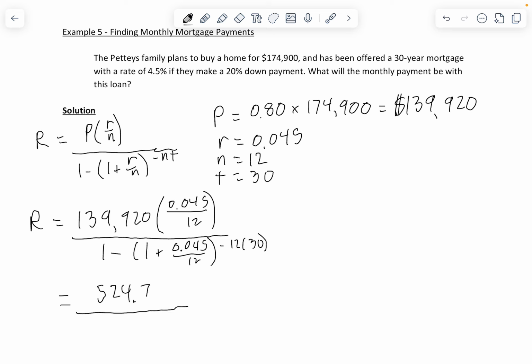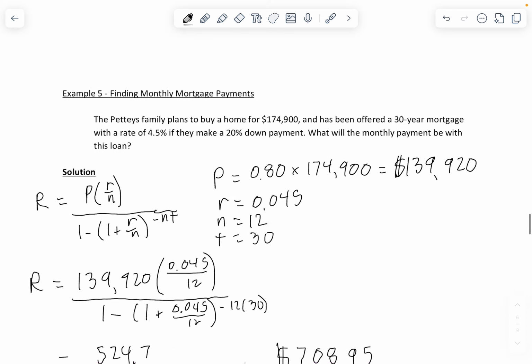In the denominator, I get 1 minus 1.00375 raised to the power of negative 360. And plug that into your calculator, you get approximately $708.95. That's a much more reasonable monthly payment than the $12,000 in the previous example.